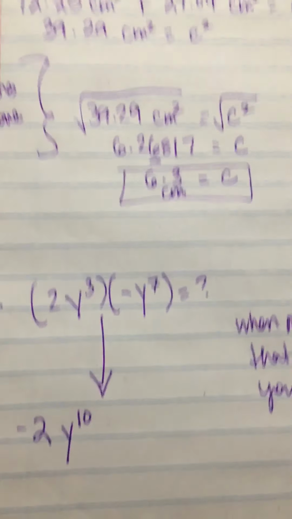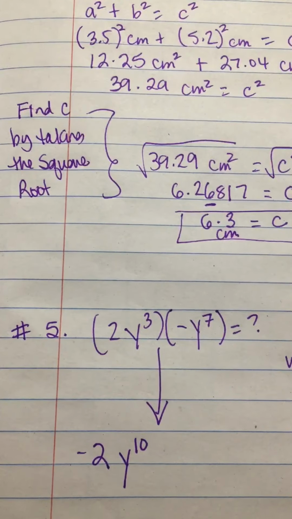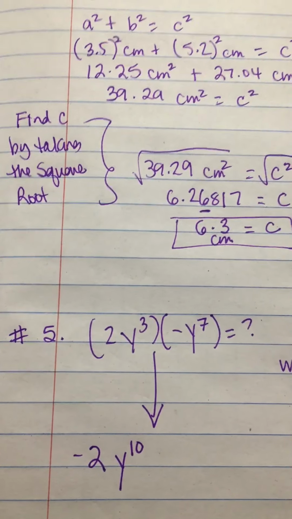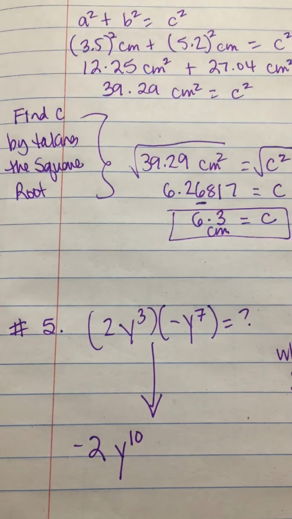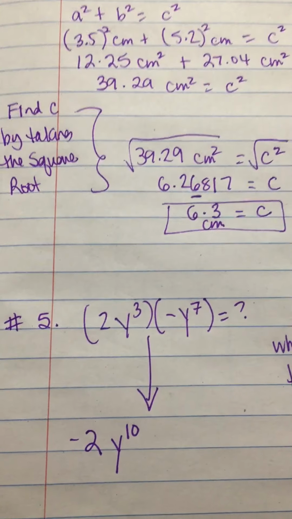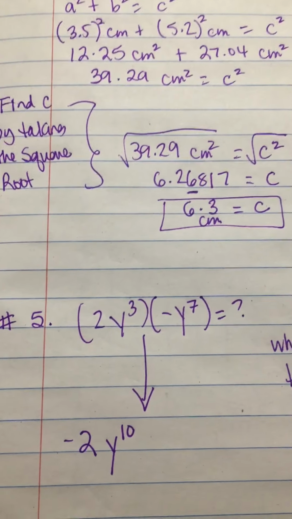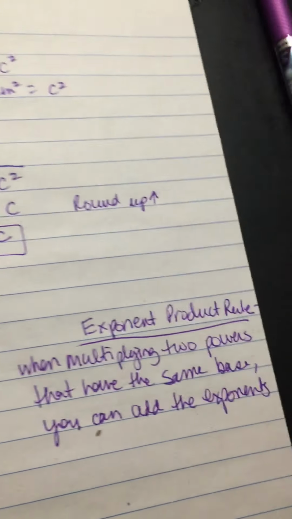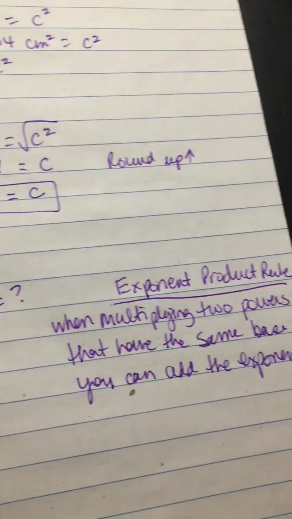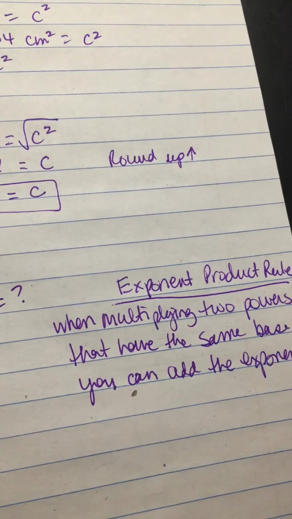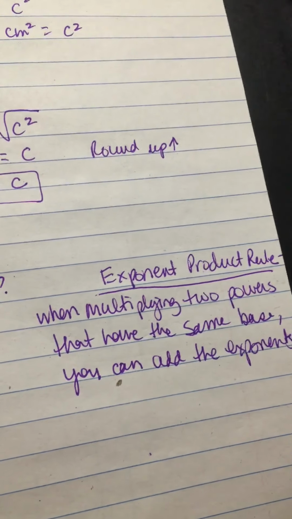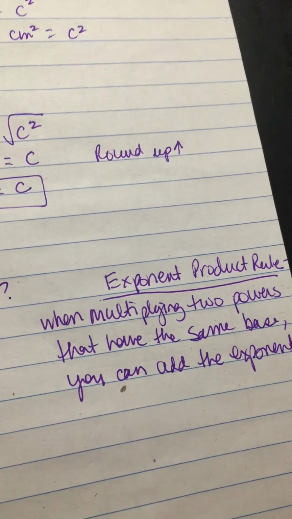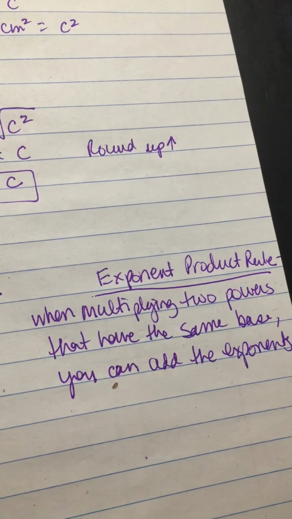Okay. All right, so let's go back. What is the rule about exponents? There is a rule about multiplying exponents, and it's called the exponent product rule. Basically, when you are multiplying two powers that have the same base, you can add the exponents.